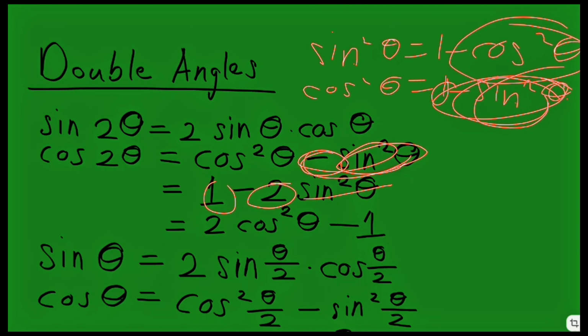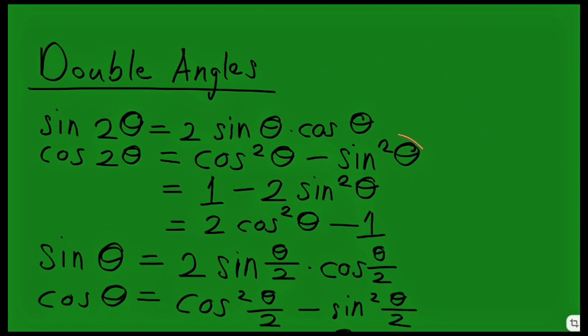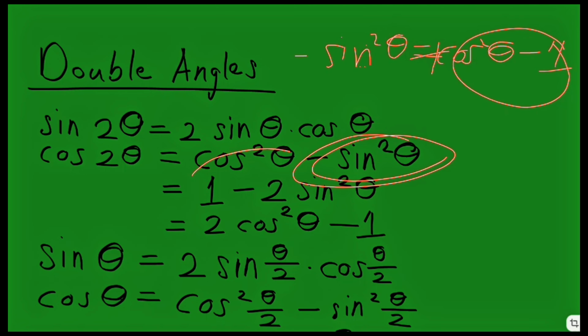Now, where we got to see sine squared theta, remember when I told you that negative sine squared theta is equivalent to cos squared theta minus 1. A positive cos squared theta plus cos squared theta gave us 2 cos squared theta minus 1. You can find this information from part 2, the trig identities explained.